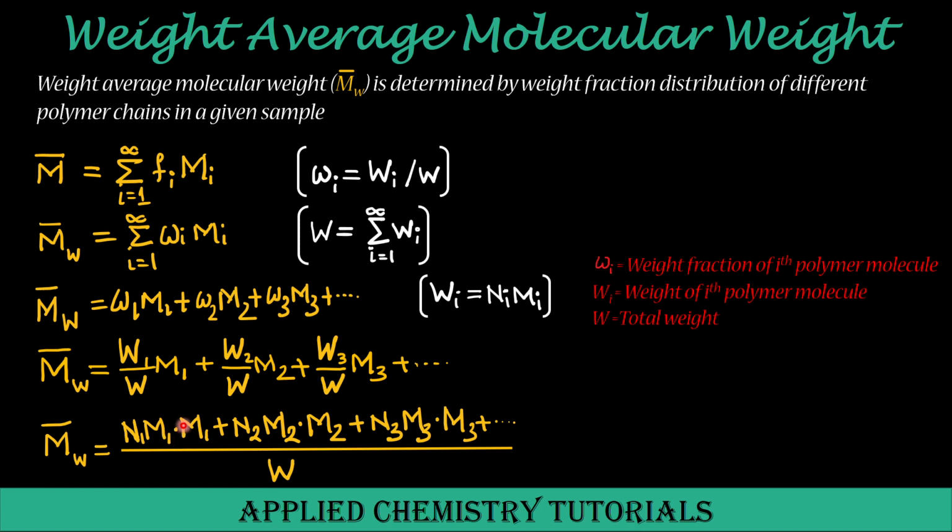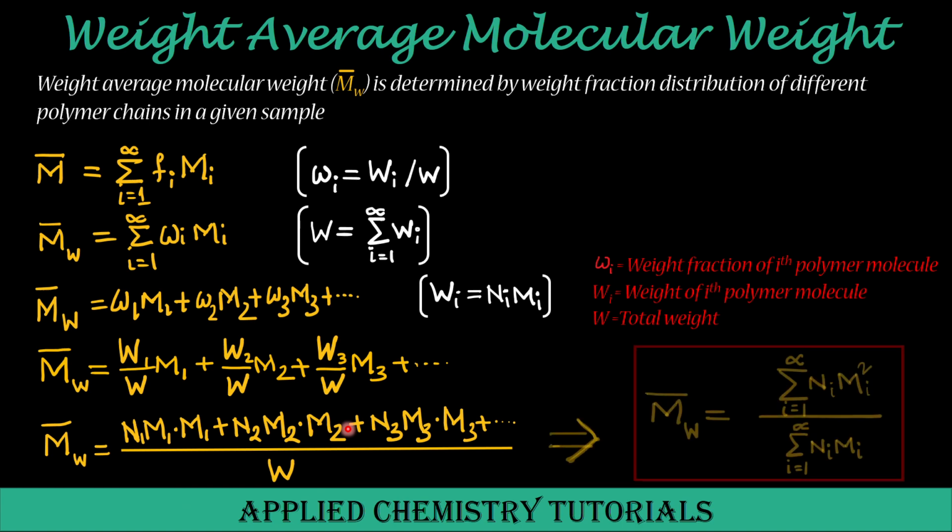Now we can replace capital W utilizing this expression and rewrite it as Mw bar equals N1 M1 multiplied by M1 plus N2 M2 multiplied by M2 plus N3 M3 multiplied by M3 and so on over capital W. And then we can write it as Mw bar equals the summation of Ni Mi square from i equals 1 to infinity divided by the summation of Ni Mi from i equals 1 to infinity.